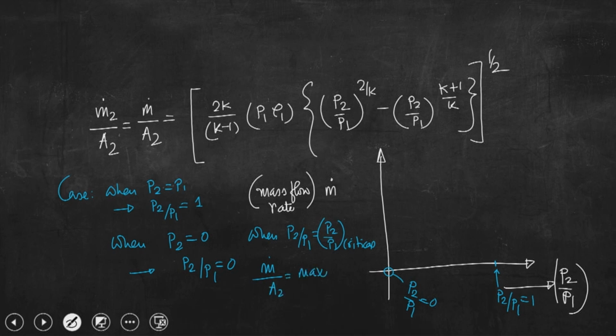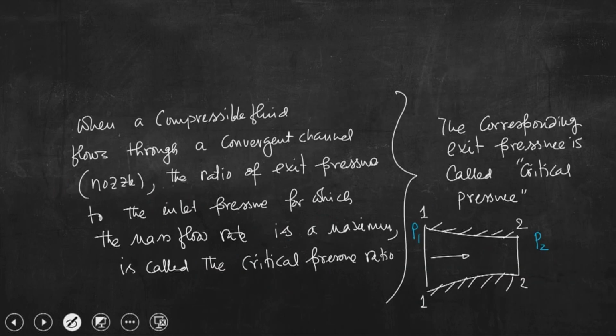So, that means somewhere we will be getting a maximum value. Right, so try to look at why the curve will have a trend towards the left.